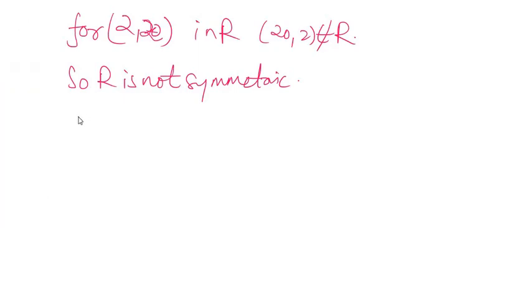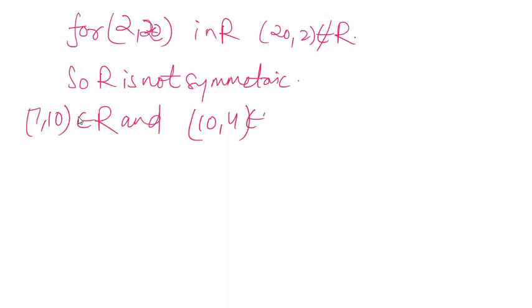If you see carefully all the ordered pairs, (7, 10) belongs to the relation R, and (10, 4) belongs to the relation R, but there is no (7, 4).